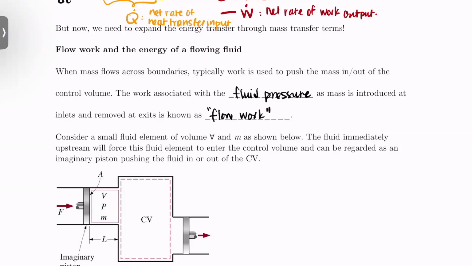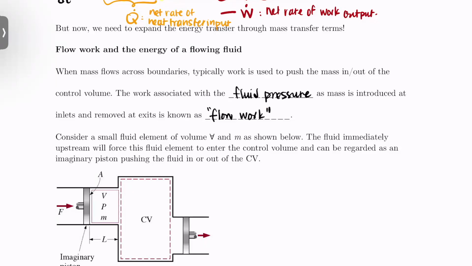So if we consider a little element of volume V and mass M, as shown below, the fluid immediately upstream is going to force this fluid element into the control volume. And that can be regarded as essentially like an imaginary piston pushing the fluid in or out of the CV.